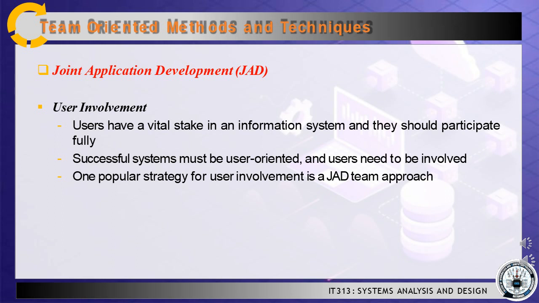One popular strategy for user involvement is a JAD team approach, which involves a task force of users, managers, and IT professionals that works together to gather information, discuss business needs, and define the new system requirements.